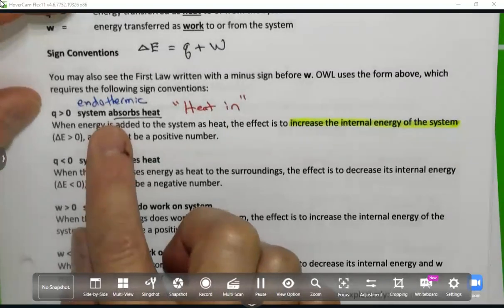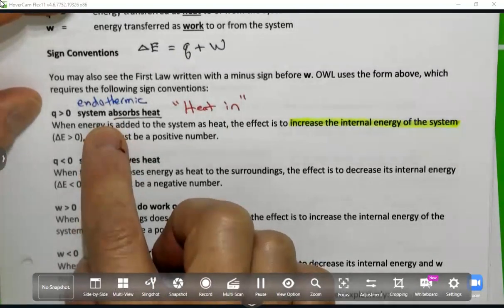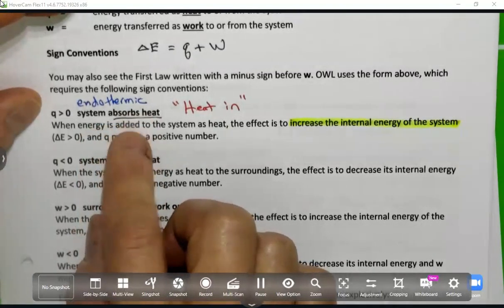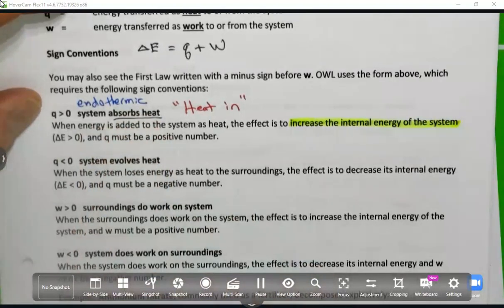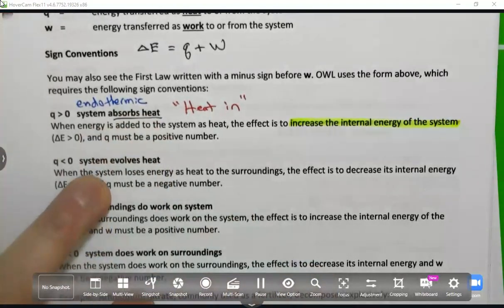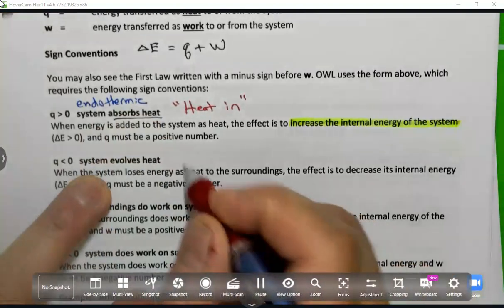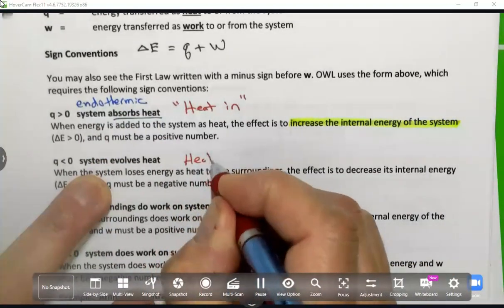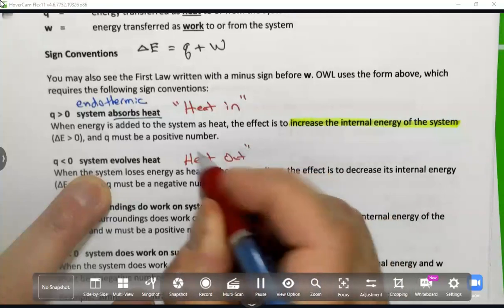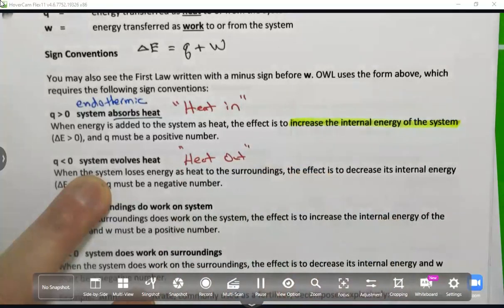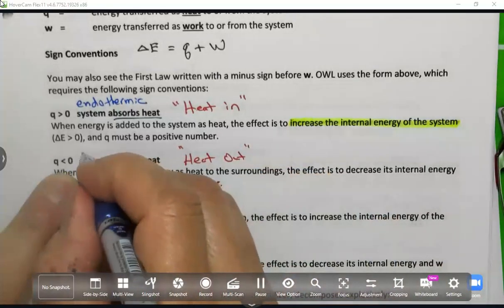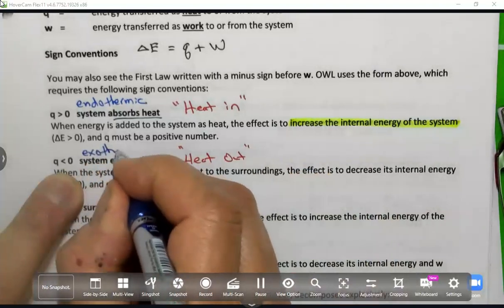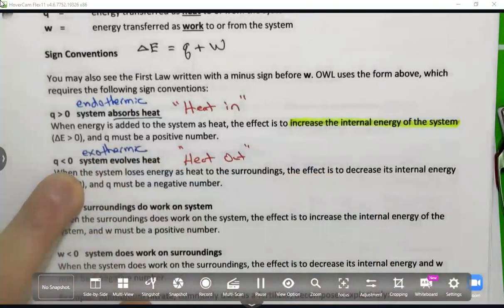So that's my previous example. It's going to absorb heat. The carbon dioxide solid is going to absorb heat. If the system evolves heat, think of this as you get heat out. This is exothermic.